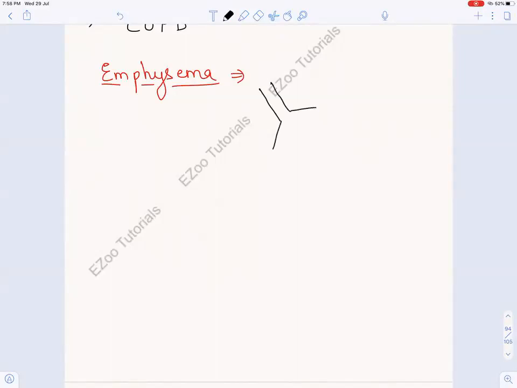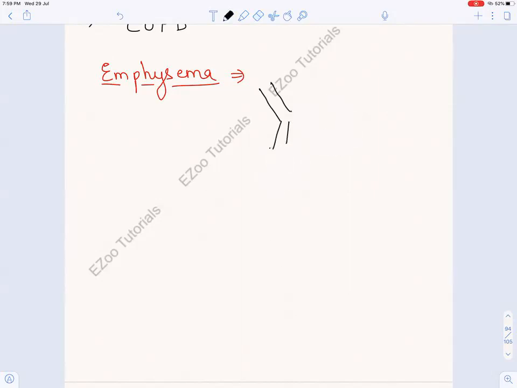These I'm drawing are alveoli, a very zoomed in portion of alveoli. Suppose this is what I am trying to draw as alveoli. Well, what I have drawn is messy.